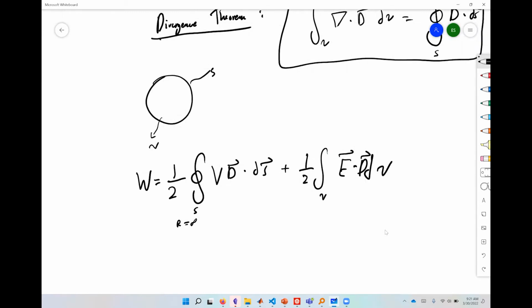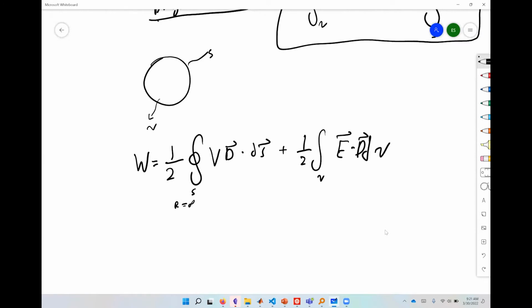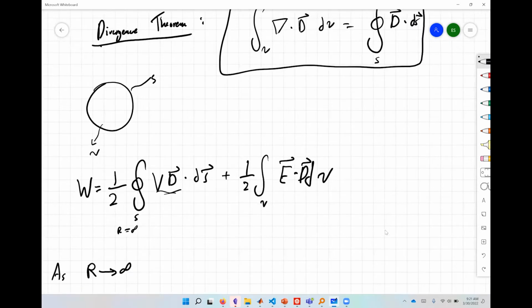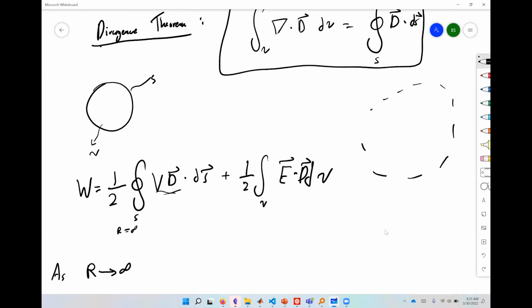But this turns out to be zero, and the argument goes this way. As R approaches infinity, let's look at everything under the integrand. How does it change? As you go towards infinity, all charges in the universe look like a point charge, because you're leaving everything behind.